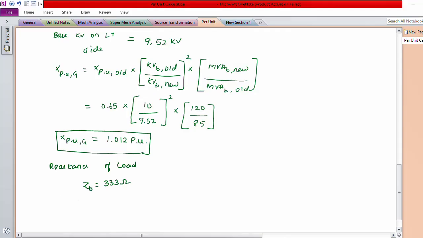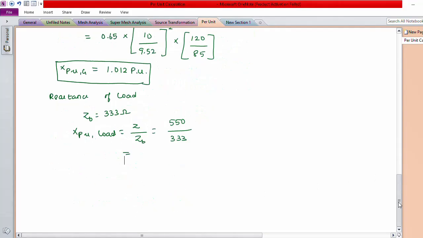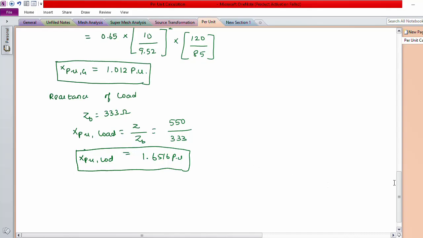So X per unit load equals actual by base impedance, that is, the actual impedance of the load is 550 ohm and the base impedance is 333. So X per unit load equals 1.6516 per unit.